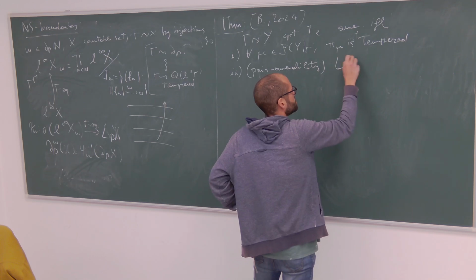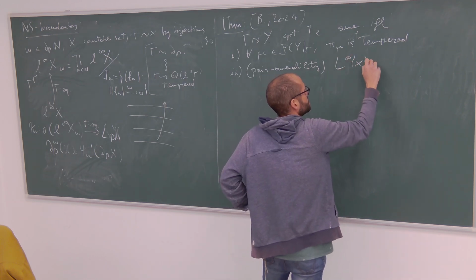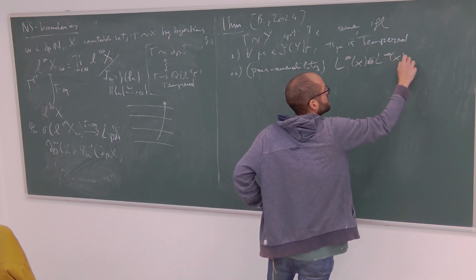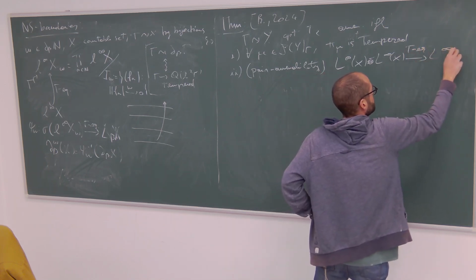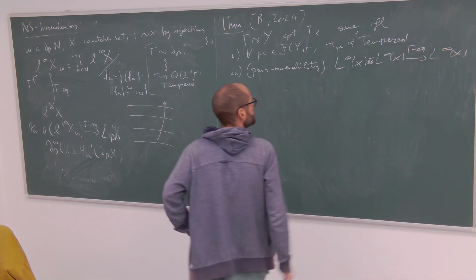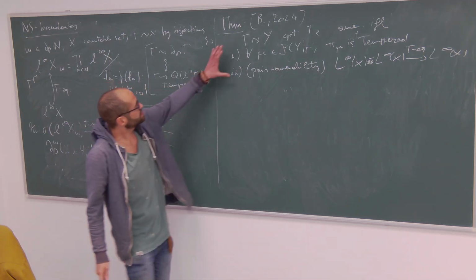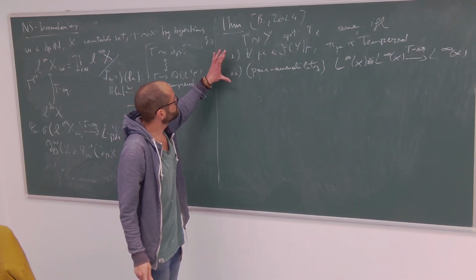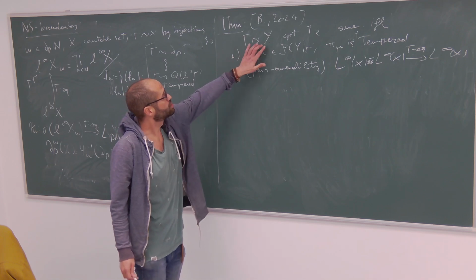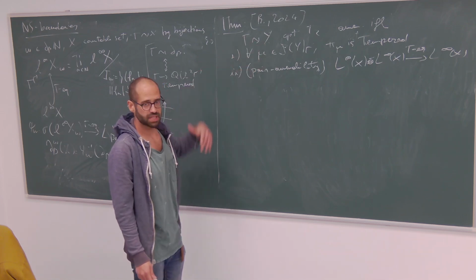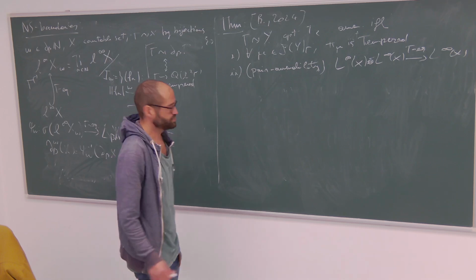It is the fact that we have a particular equivariant projection from this to L infinity. This is a strange property, but okay, topological amenability is equivalent to the fact that whenever we have a quasi-invariant measure on this space, these two properties should be satisfied.